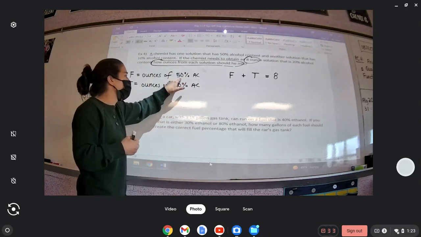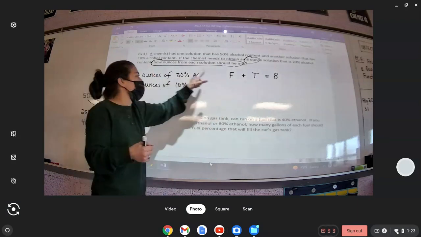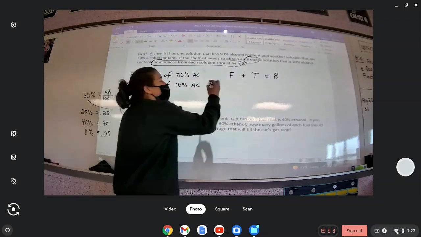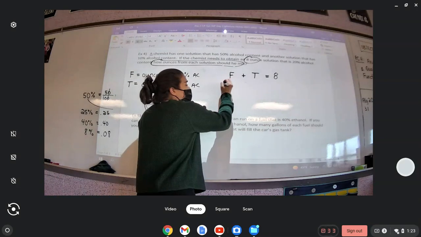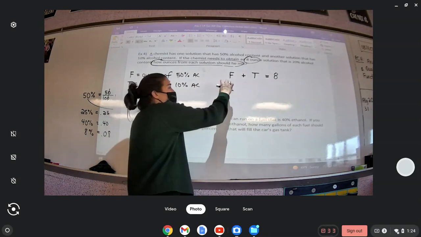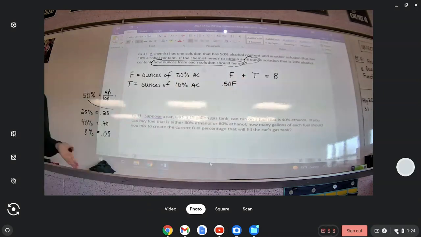So how do I find 50% of those F ounces? What's 50% times F? What's 50% as a number? 0.50. So 50% of those F ounces, 50% times F, that's 0.50F.